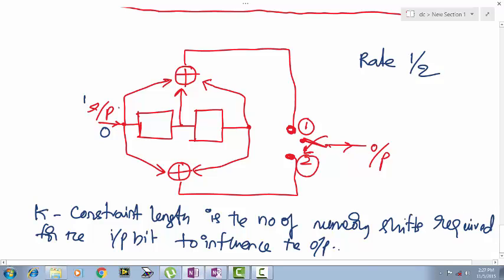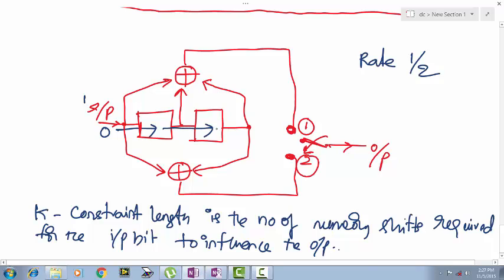Now let us see this. If an input bit is present, for one clock pulse there will be a shift. That means for one shift this input bit will be in the first memory element. For the second clock pulse it will be shifted to the second memory element.